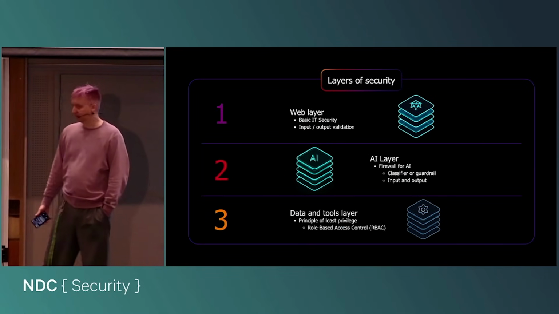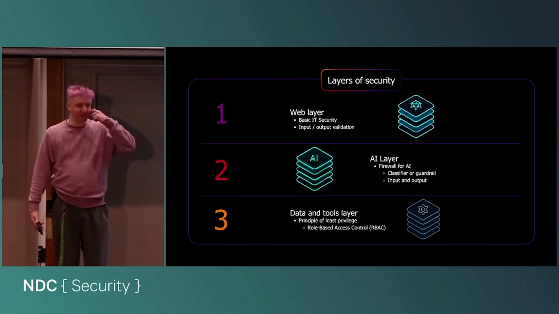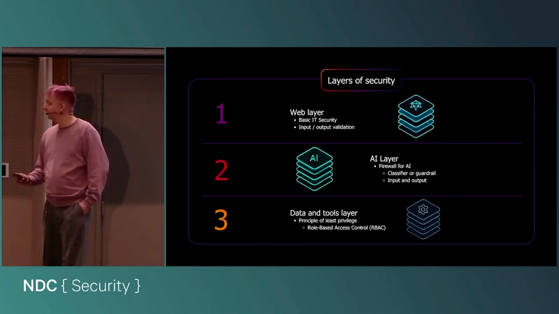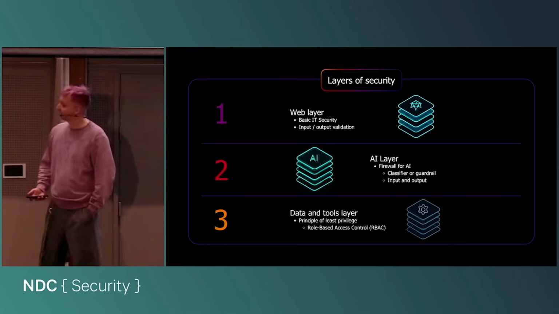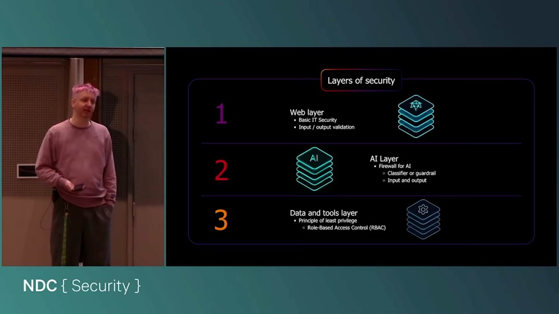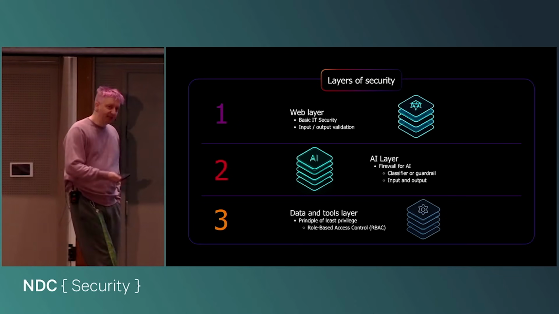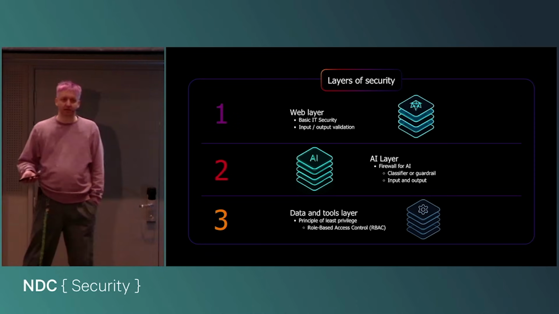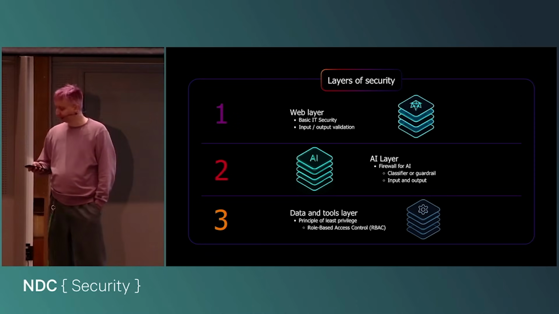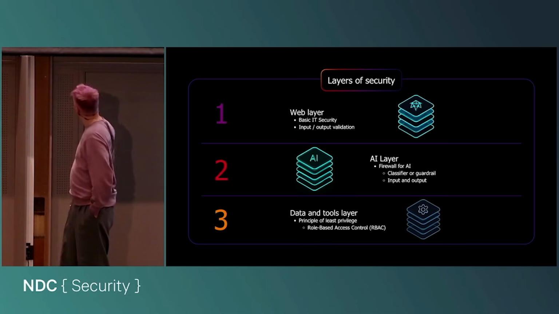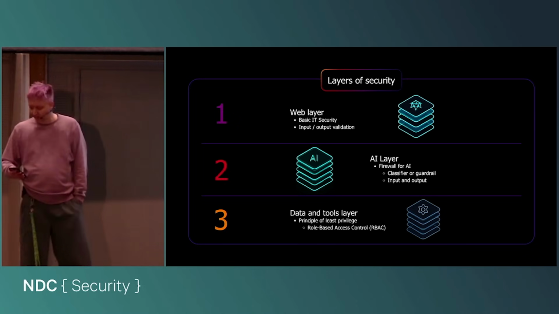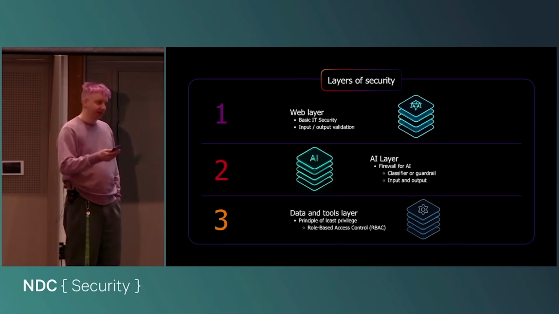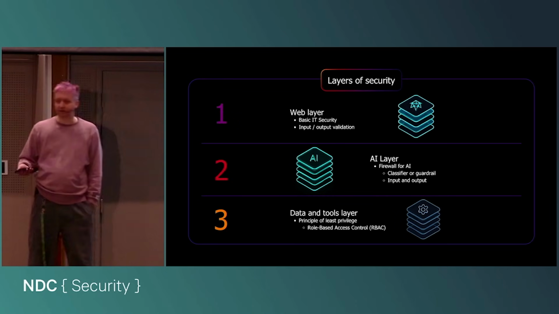So when we talk about security in the MCP space, we usually talk about it in 3 layers of security. We have the web layer, which is your basic IT security level, where you have the network layer security. We have the AI firewall, which is classifier guardrails.